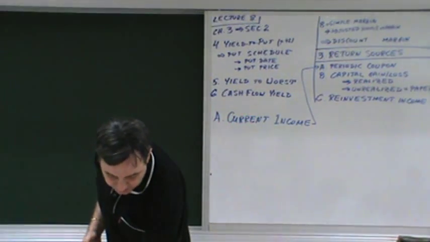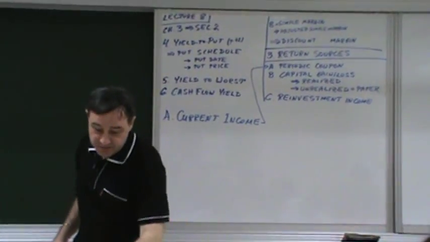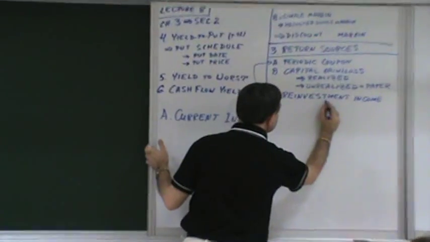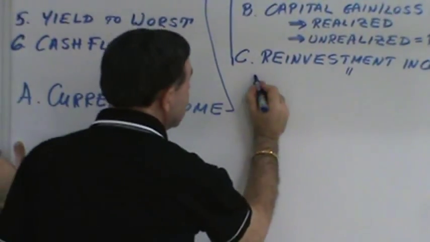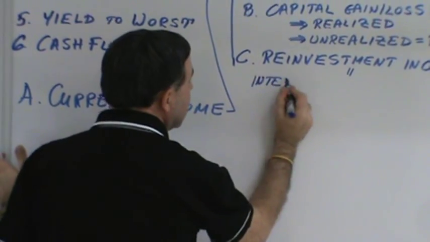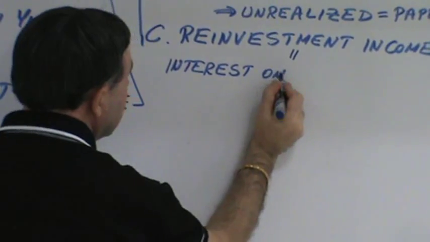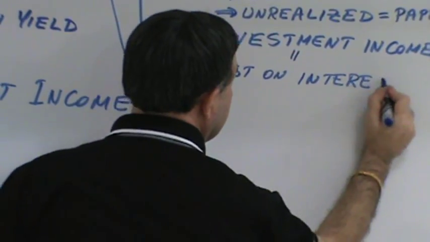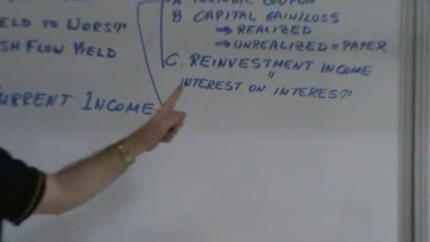Now, this one is called reinvestment income, also known as C, interest on interest.